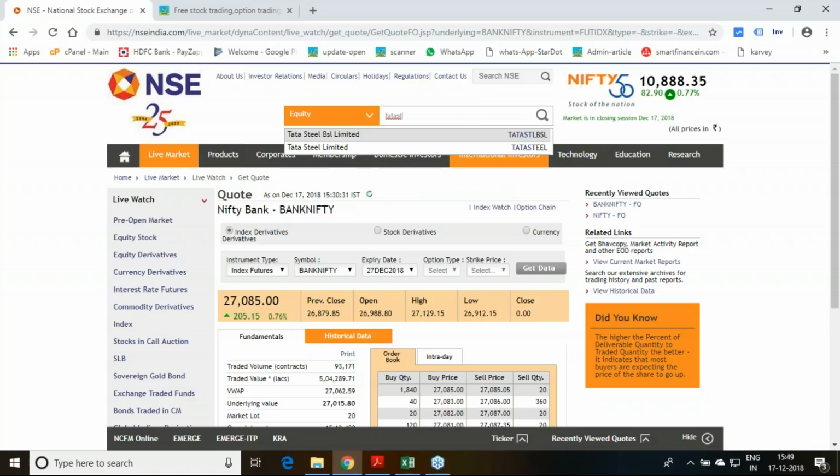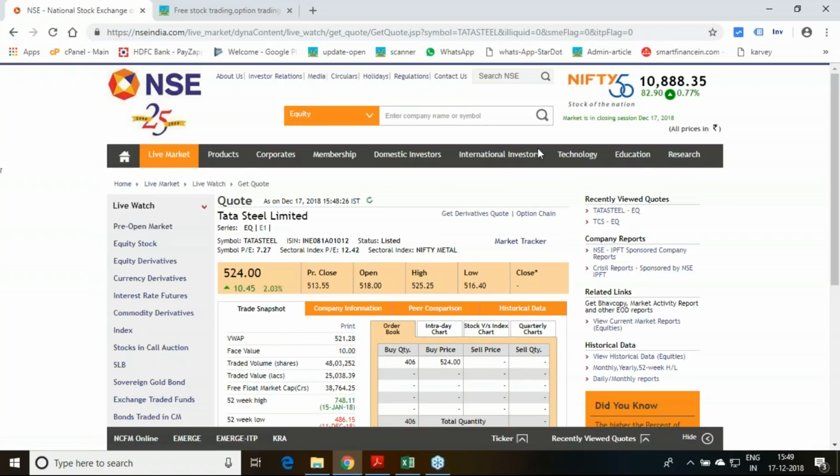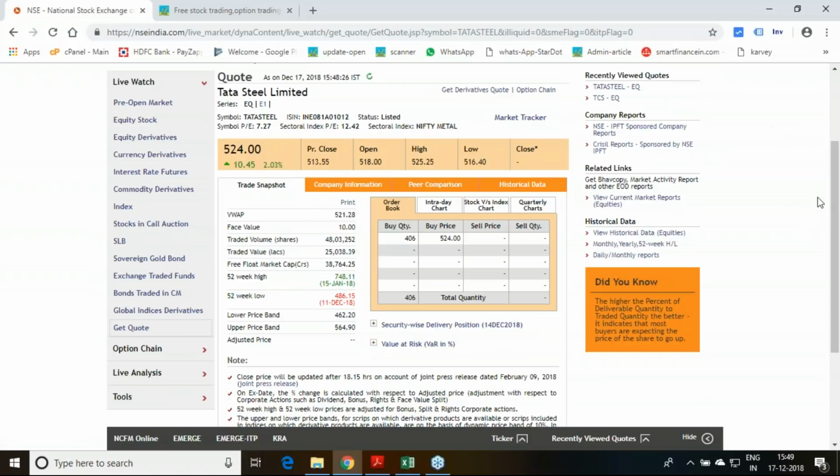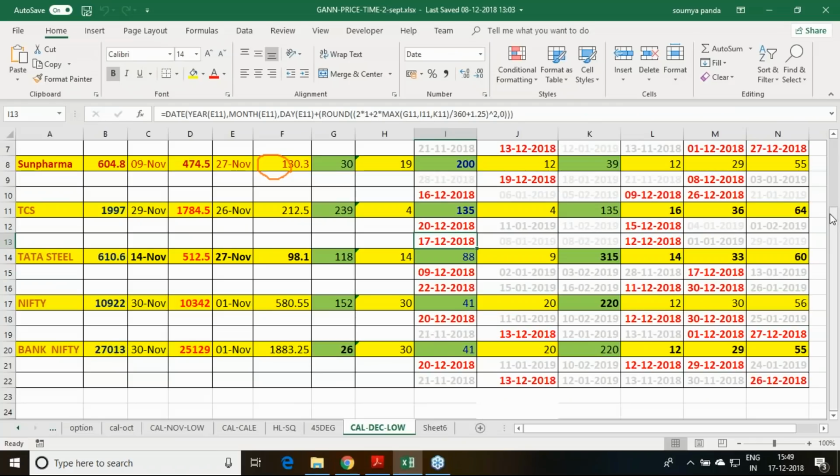So Tata Steel on Friday closed negative. Now the closing itself, you can say it is closing at 2% positive, and the trend reversal date calculated for Tata Steel is well validated today.